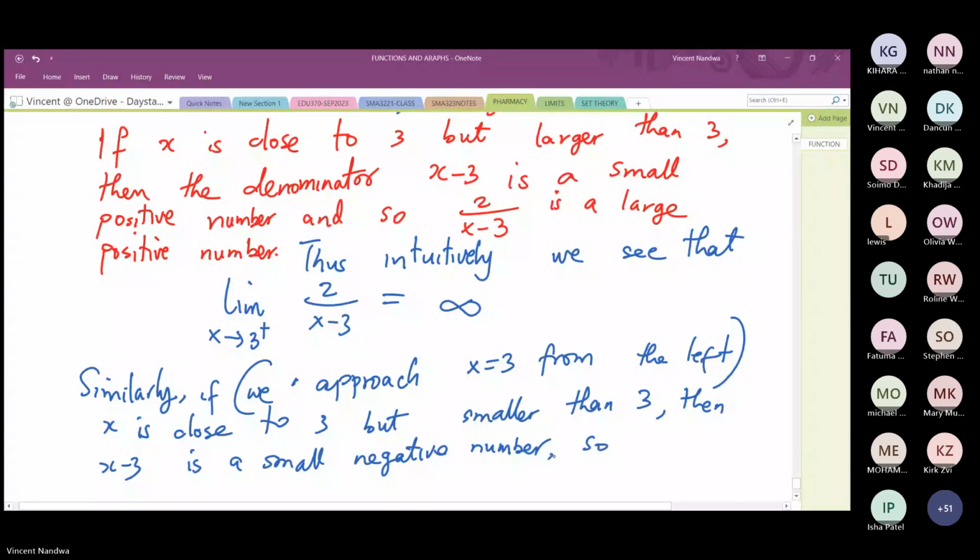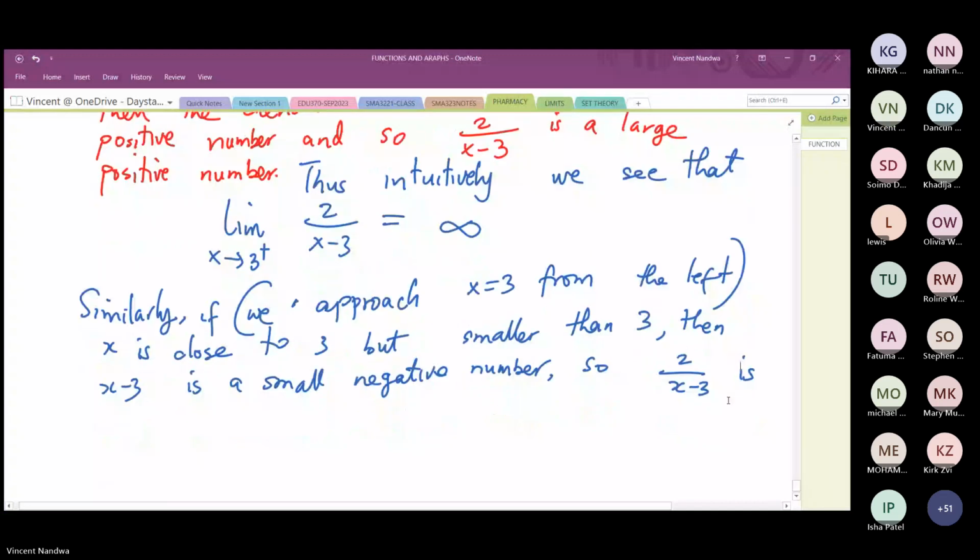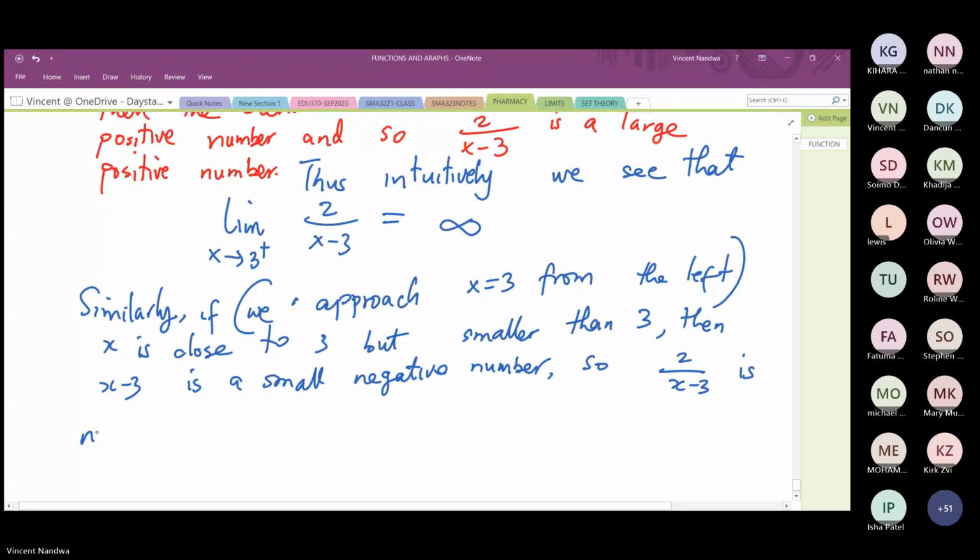And so 2 over x minus 3 is numerically a very large negative number.